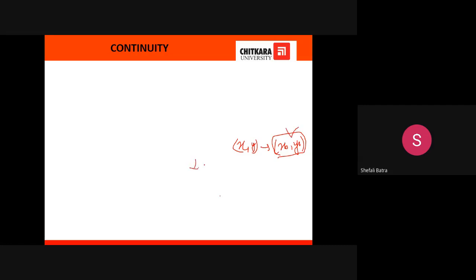So first, the function must be defined at this point. Function is defined. Second, the limit as (x, y) approaches (x naught, y naught) of f of x comma y exists.